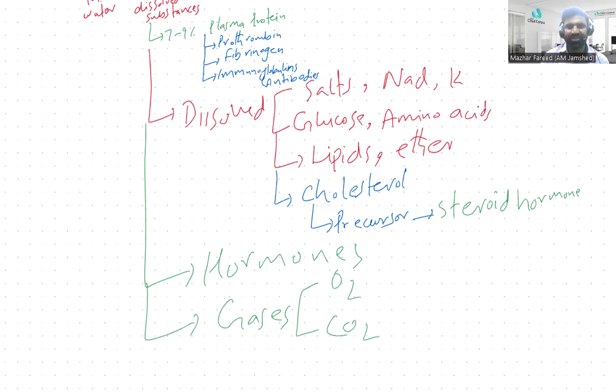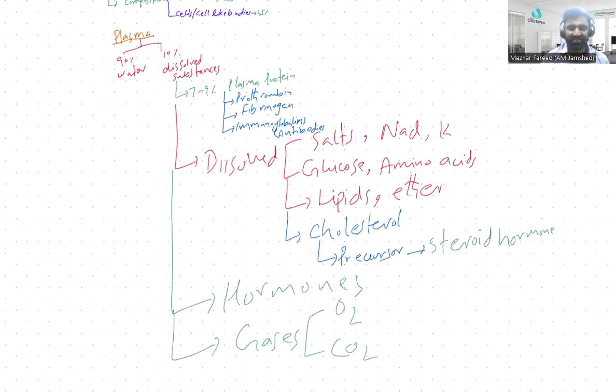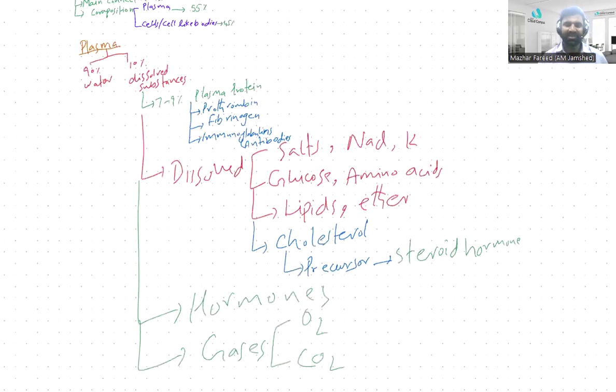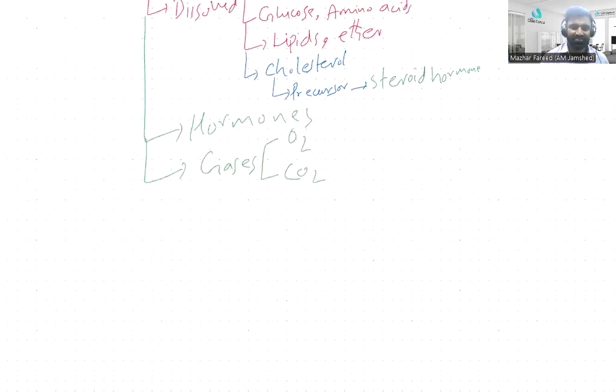So this is a complete view of the plasma, in which different substances and dissolved substances that are very necessary for the metabolism process are contributed and stored in the plasma. So plasma is helpful for containing these substances and transporting them to the target. After plasma, we have to discuss the blood cells.